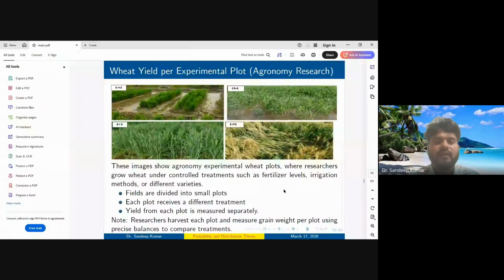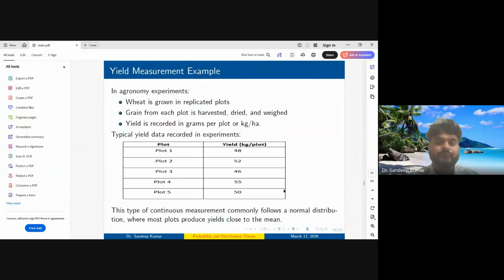For example, fields are divided into small plots, and each plot receives a different treatment. Yield from each plot is measured separately. A very important note: researchers harvest each plot and measure grain weight per plot using precise balances to compare treatments. This type of problem comes under the normal distribution.